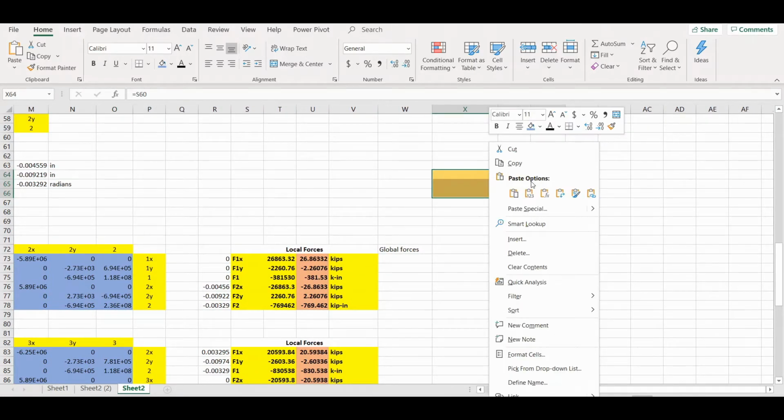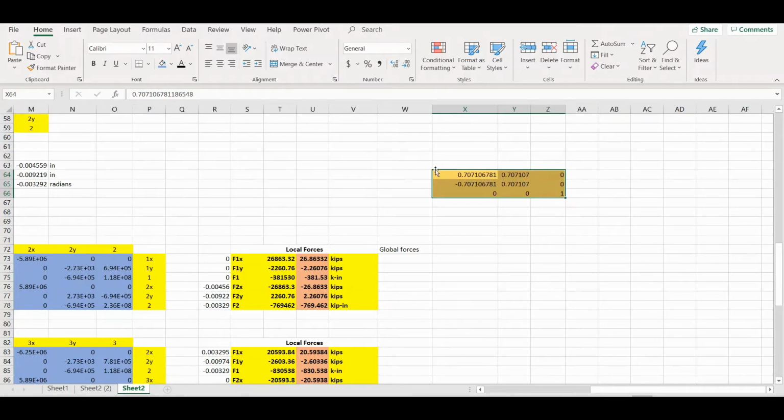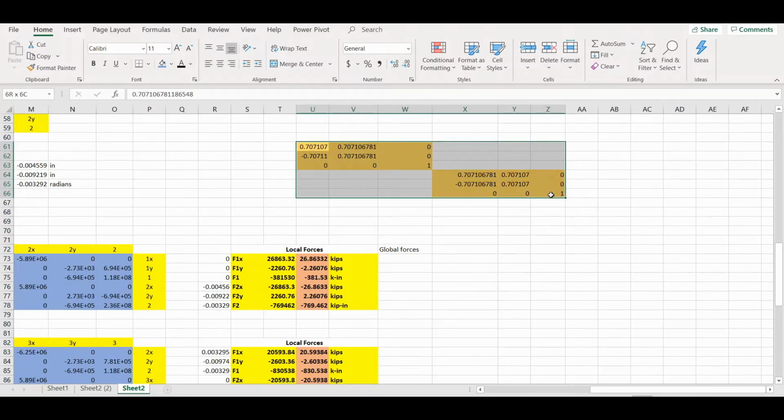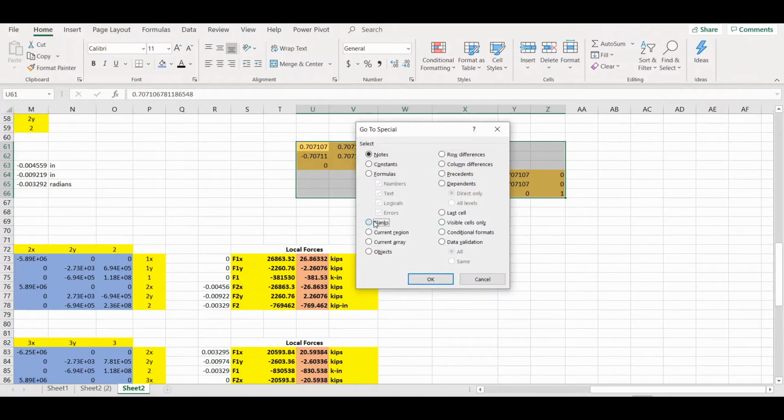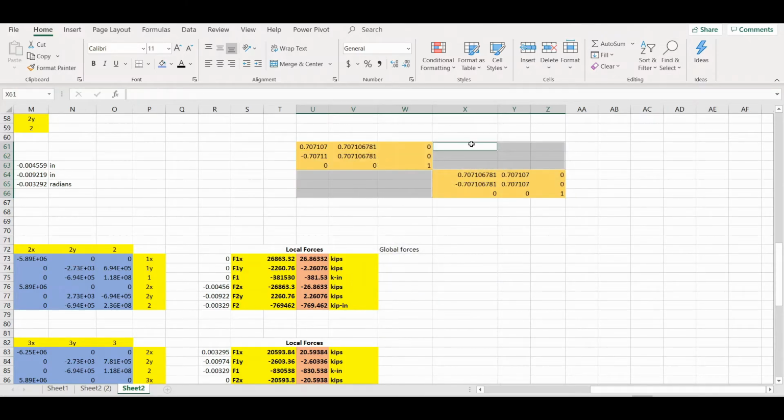You can just put the values here, and I'll just copy this here, here. Now these values have to be filled with 0. So for this you can select all of it, go to find and select, go to special, blanks, OK, put 0 and press Ctrl Enter.